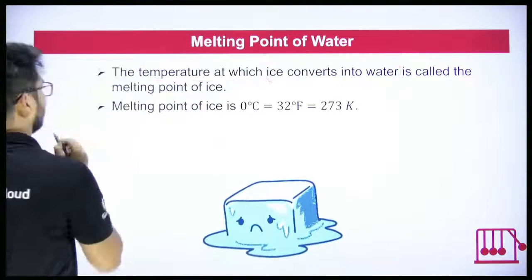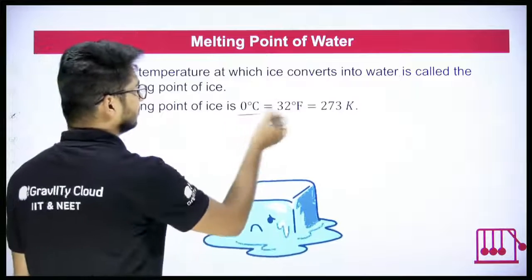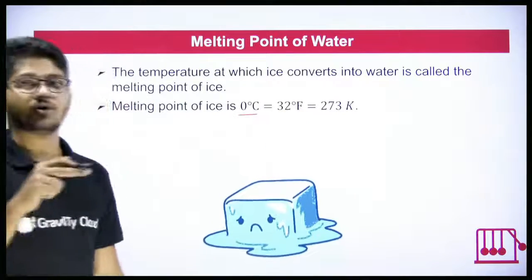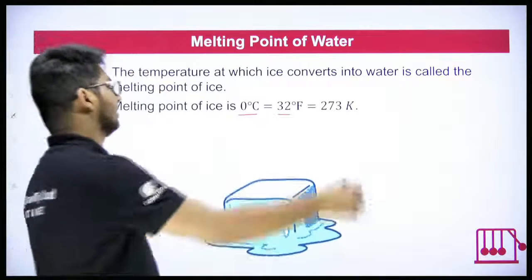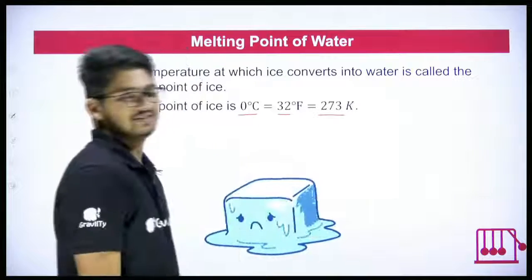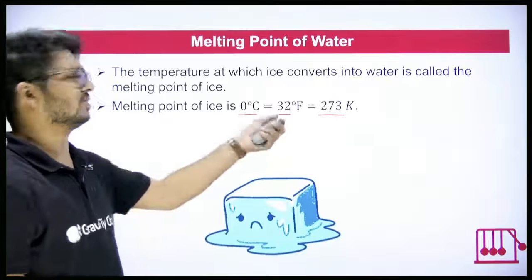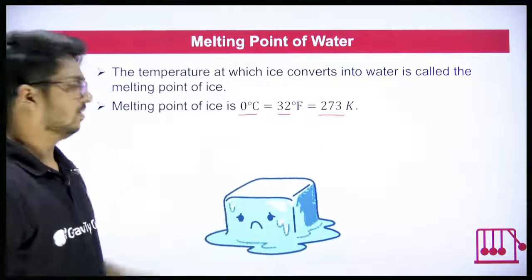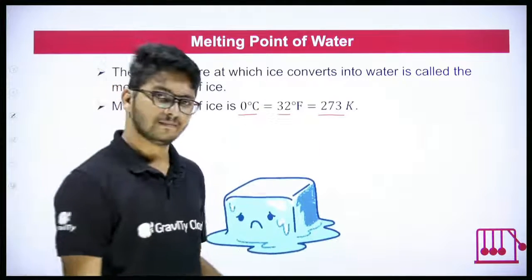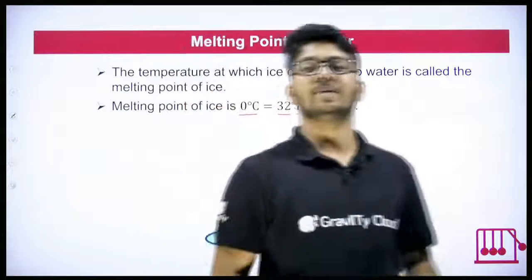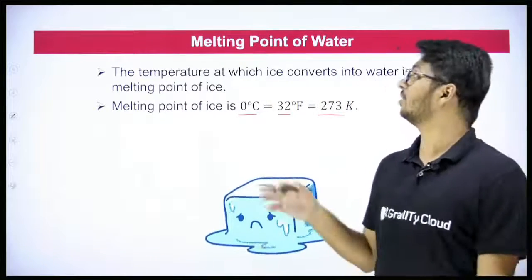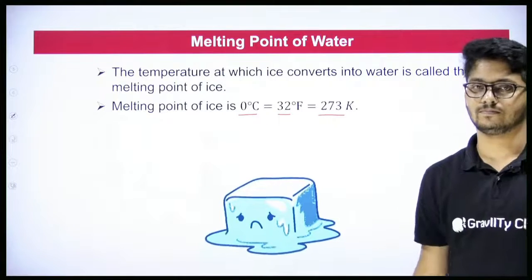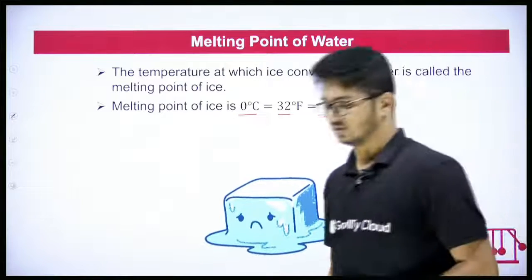And do you know what the temperature is? In terms of Celsius it is 0, in terms of Fahrenheit 32, in terms of Kelvin 273. Those are some values that you have to remember. We'll go into those values, don't worry. But that's melting point and boiling point. Melting point of ice and boiling point of water. Clear? Okay, that's good.